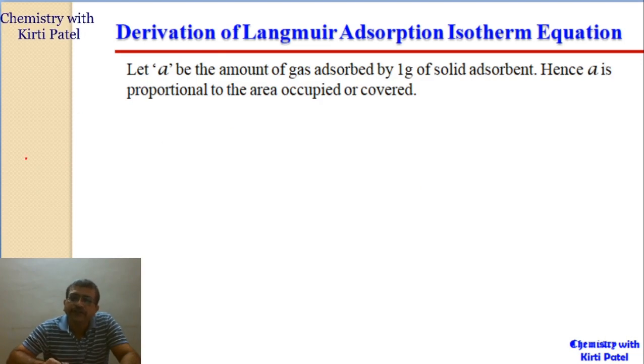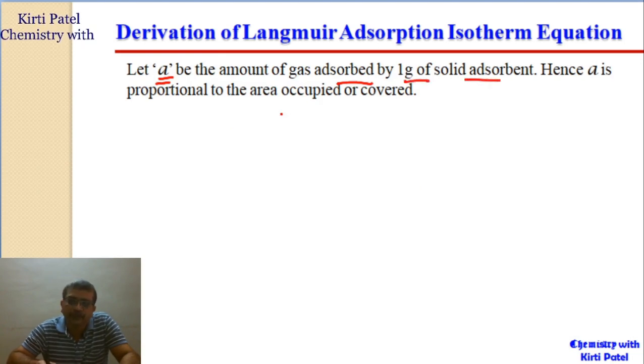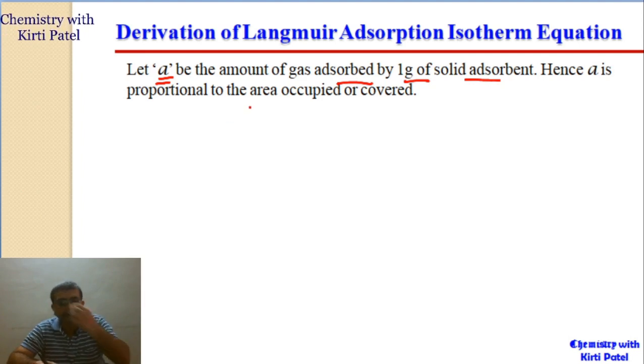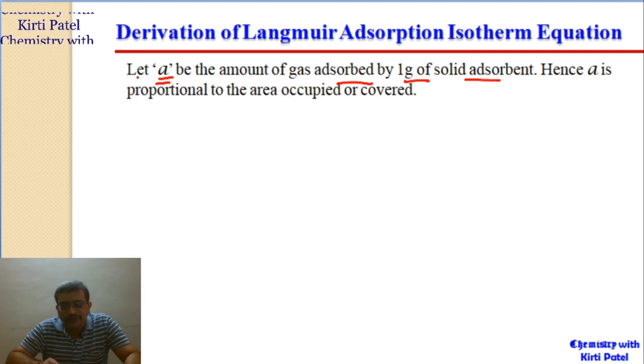Now consider A as the amount of gas adsorbed by 1 gram of solid adsorbent. Means if we take 1 gram of solid adsorbent, 1 gram of surface area on which we have to do adsorption, let us assume that A is the amount of gas which is getting adsorbed on 1 gram of solid surface.